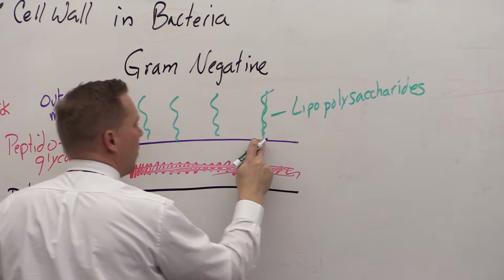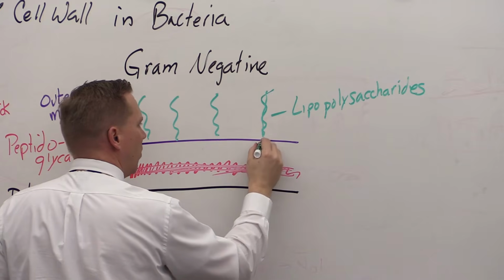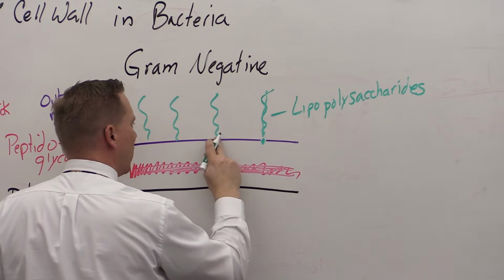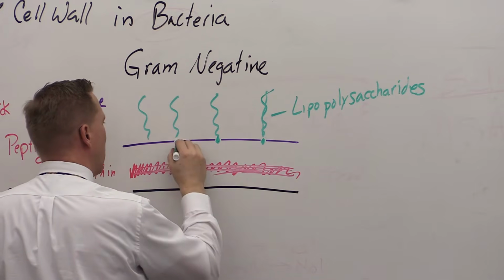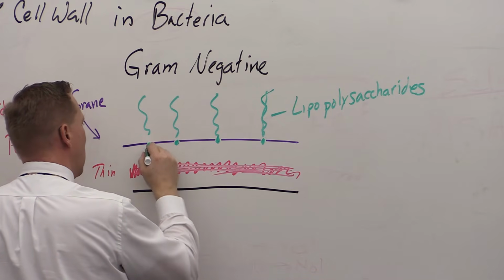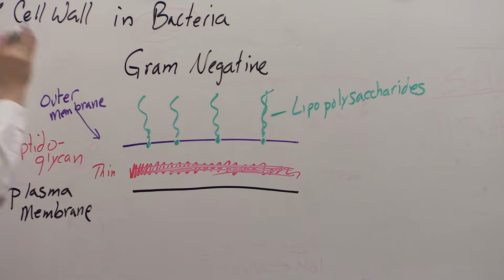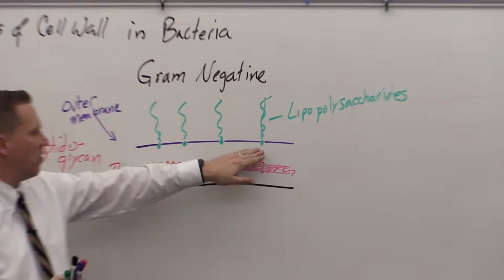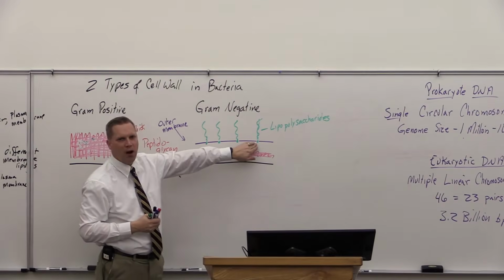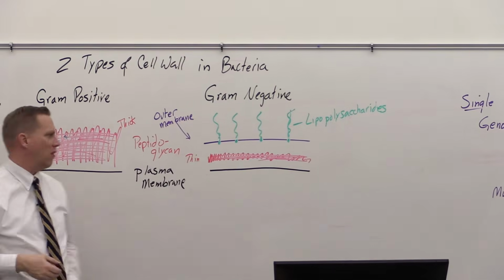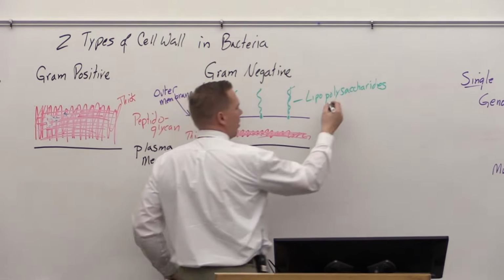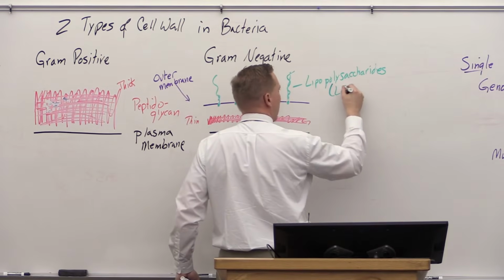Lipopolysaccharide means that these polysaccharides, which are kind of shorter polysaccharides, are attached to a special lipid that's embedded in that outer membrane. They sort of stick out like hair follicles from the surface of this membrane. So this is the lipid part, and then we have the polysaccharide tail that's on top of it. So you have lipopolysaccharides, and these are often abbreviated as LPS.